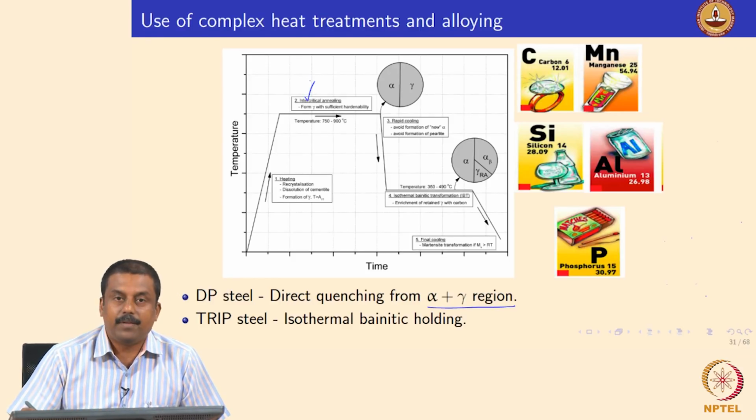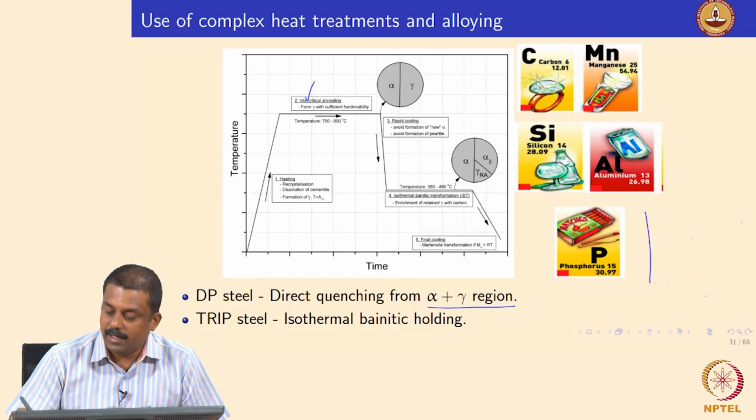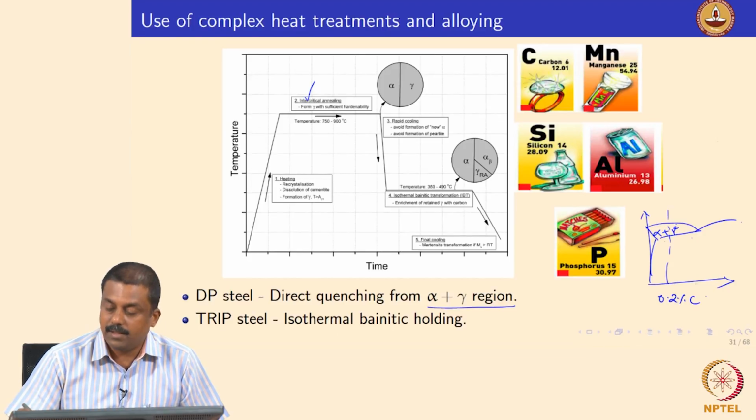So the advantage of doing that intercritical annealing treatment is, as I already explained, this is your eutectoid phase diagram. Suppose your steel has 0.2% carbon, and we are taking it to a temperature region where both ferrite and austenite phases are coexisting, somewhere around 800 degrees centigrade or so.